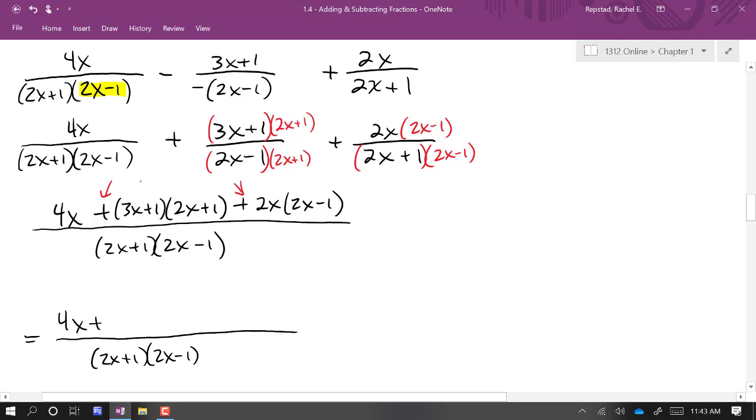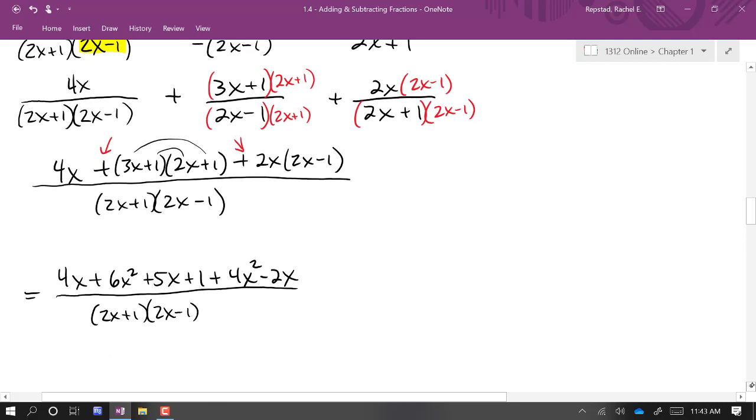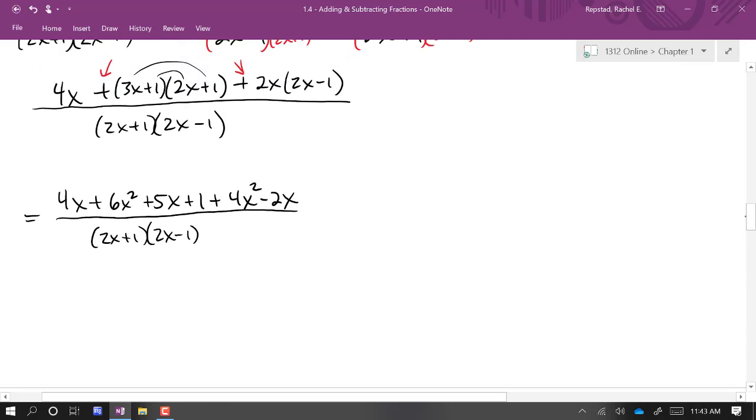Let's see, so this is going to be in the middle 6x squared. Let's see, 3x plus 2x is plus 5x, and then plus 1. In the end, I'm going to distribute the 2x, so I got 4x squared minus 2x. Now I'm going to combine like terms. So we have 10x squared.